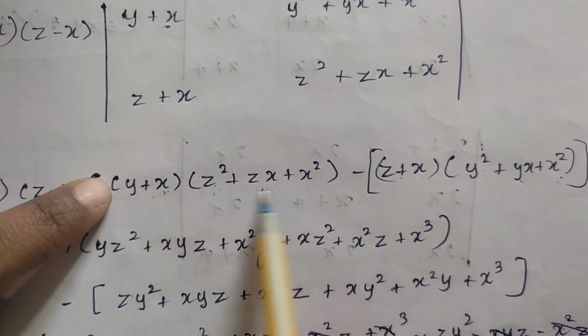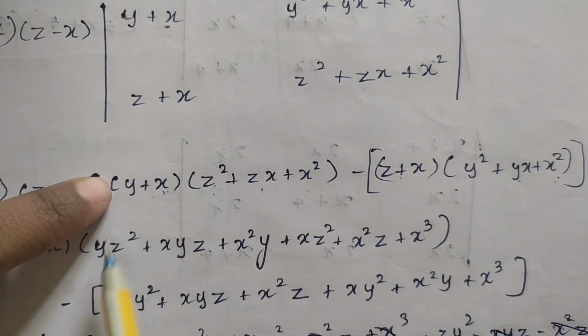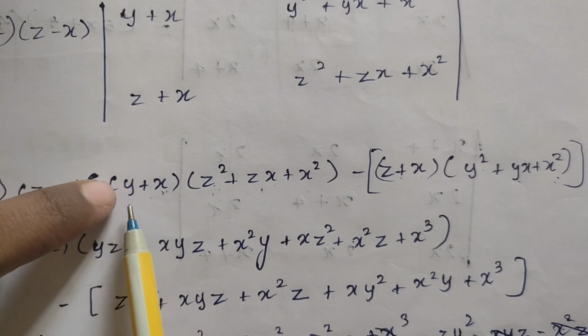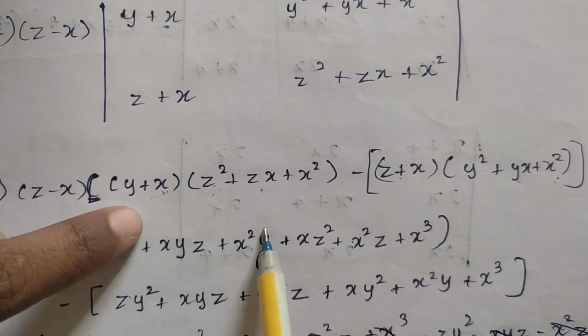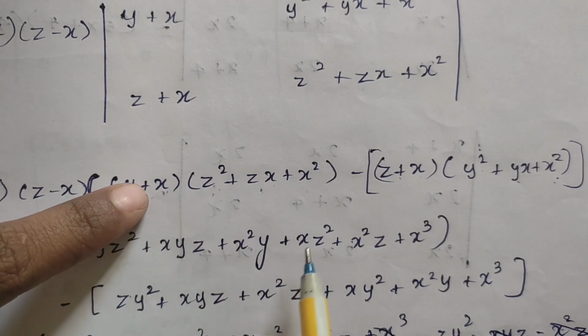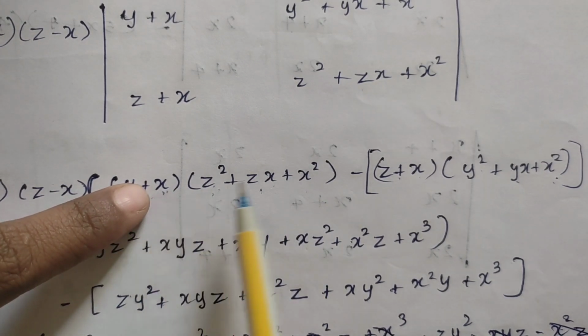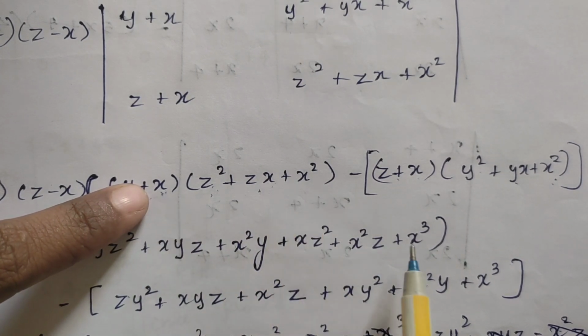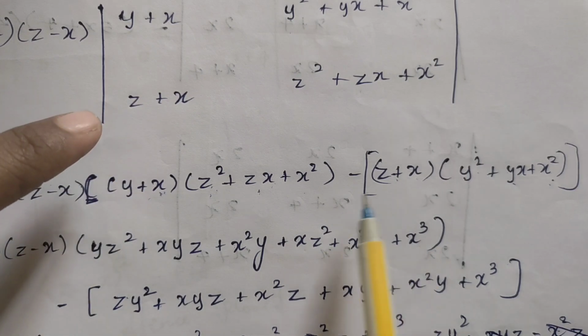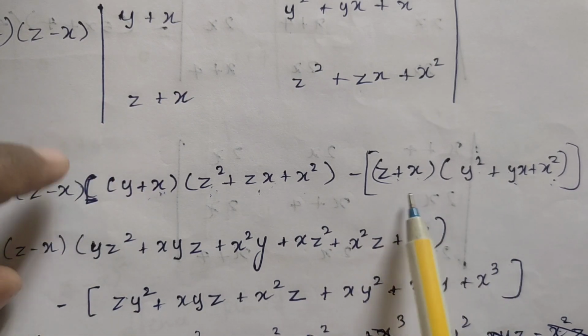Now multiply these two terms. Y into the whole term: y into z square, next y into zx, that is xyz, y into x square, that is x square y. Next x into z square. Next x into zx, so x square z. X into x square, that is x cube. Minus, we have to multiply these two terms.